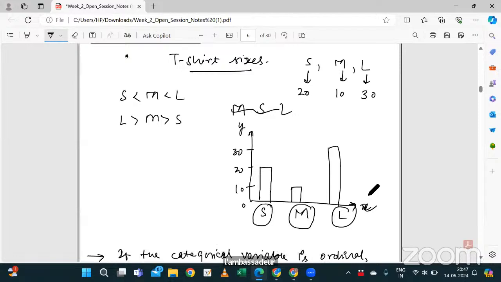Okay, sir, can you explain the importance of ordering here? See, if you have an ordinal data set, then it's a must to order. Correct, I know that, sir. That is the importance.